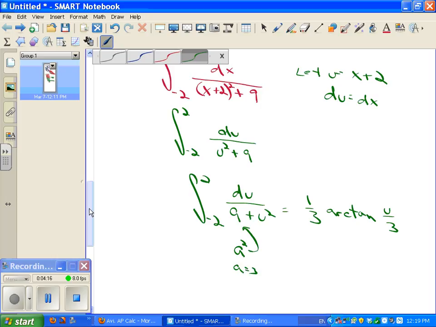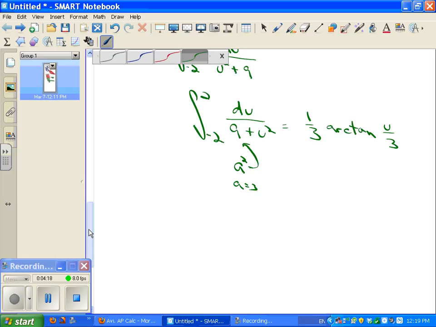Alright, and then because this one was definite, I can plug things in for it. So I have to evaluate this one from negative 2 to 2. So 1/3 arctan of 2 over 3. I'm sorry.